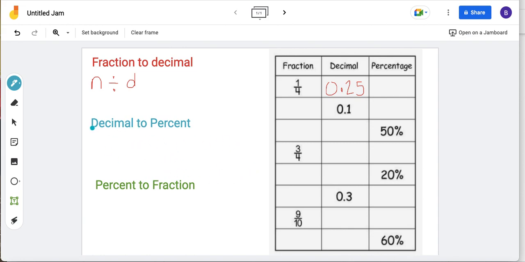All right, the next thing we're going to look at is how to go from a decimal to percent. And so to go from a decimal to a percent, what we are going to do is swing the decimal point 2 places to the right.